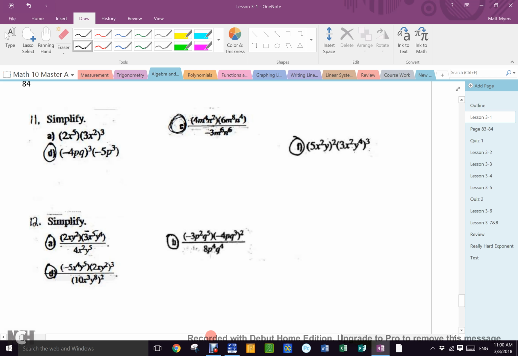How many people have done all 6 of these on the back? So you wouldn't put your hand up right now, right, Avery? 2 of you have done all 6 of these on the back. Everybody else, go. I want you to do all 6 of these. Make sure they are done.